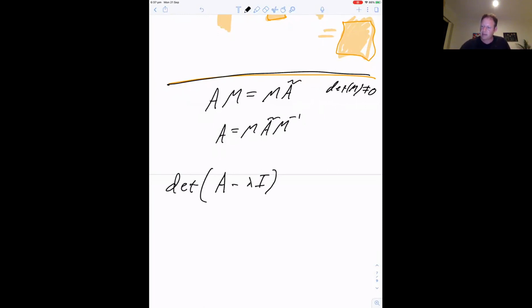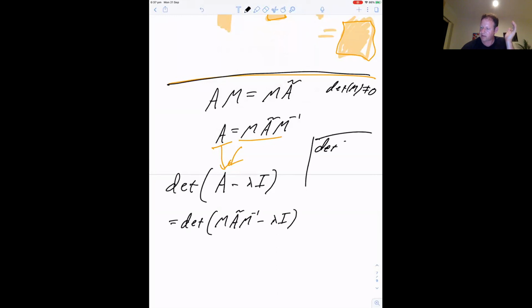So instead of A, let's plug in this representation here. So that equals the determinant of M A tilde M inverse minus lambda I. Now, I remember back when we were speaking about determinants that the determinant of BC is the determinant of B times the determinant of C. This is when B and C are square matrices.